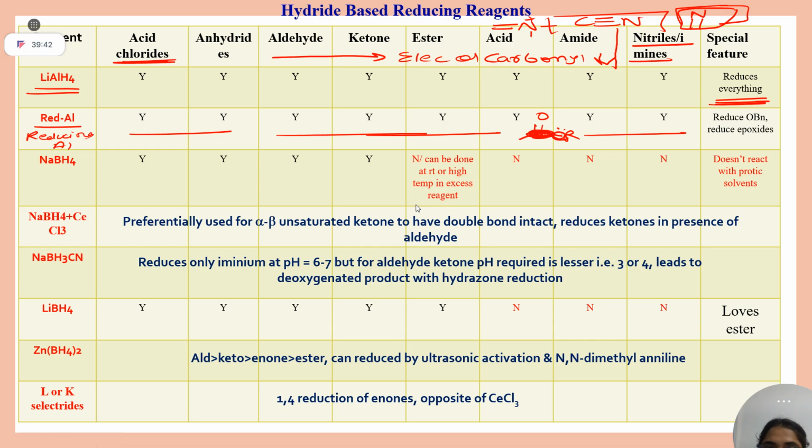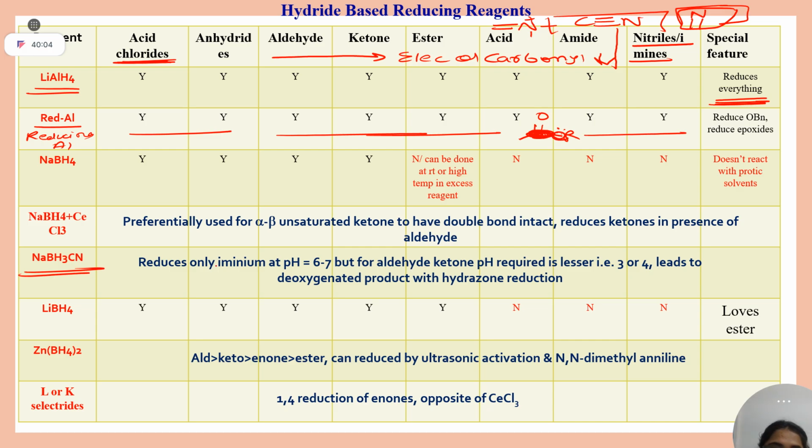Yes or no? Okay. Similarly, Luche's reagent. You know that in Luche's reagent, if you have an alpha beta unsaturated ketone, it keeps that double bond intact and forms an allylic alcohol. NaBH3CN is a very pH dependent reagent.